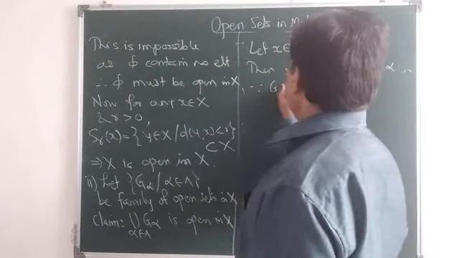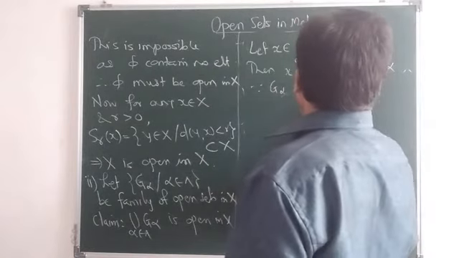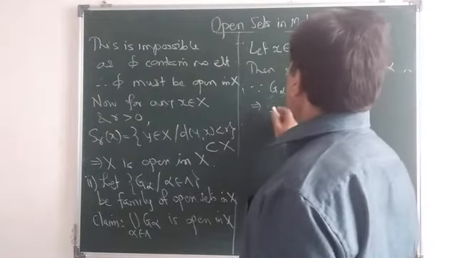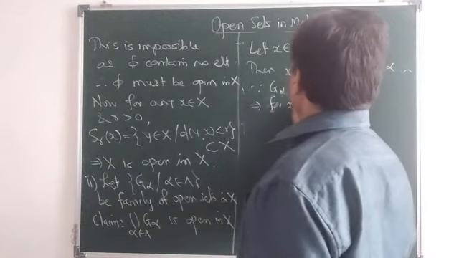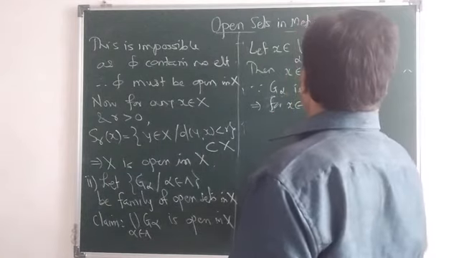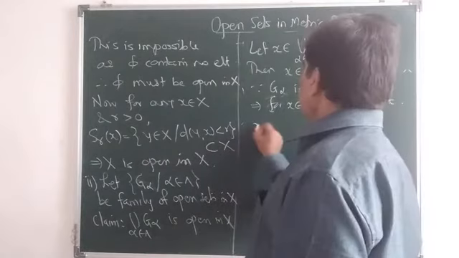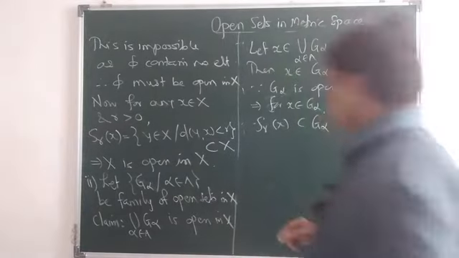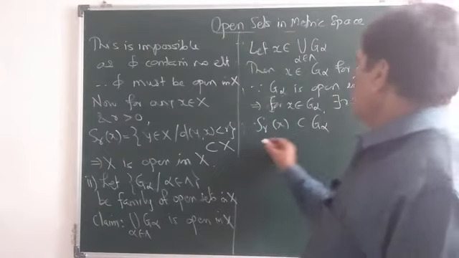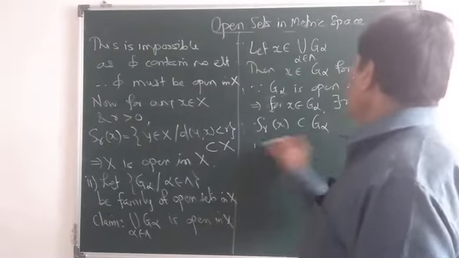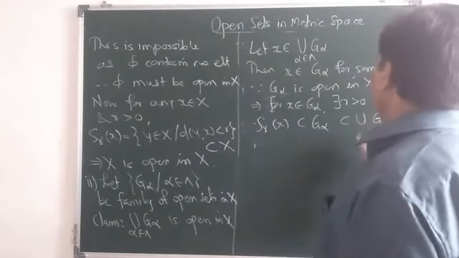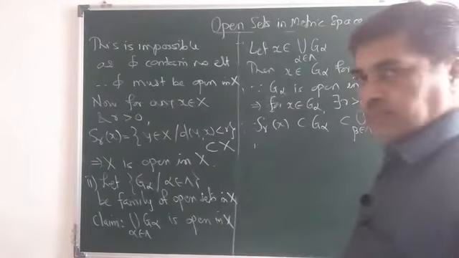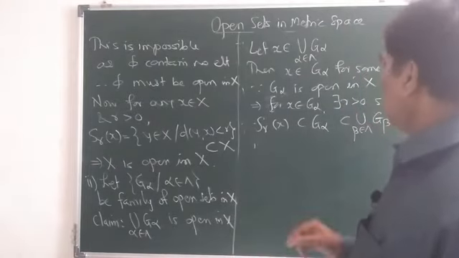Now since G alpha is open in X, it implies that for x belonging to G alpha, there exists some r greater than 0 such that the open sphere about x is contained in G alpha. Moreover, this G alpha is contained in the union of all G beta, beta belonging to the index set. Is it right? G alpha is one among them.